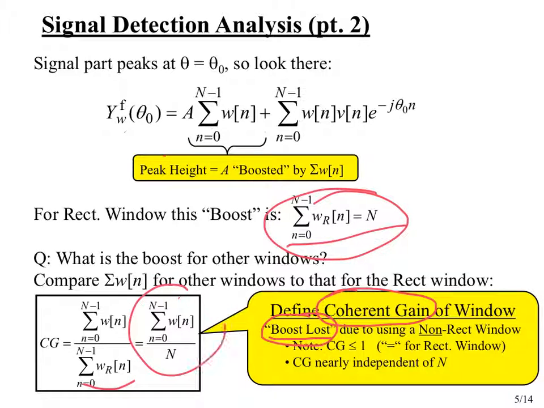So maybe the coherent gain is not 1 but 0.9. So we'd be getting 90% of the boost that we could get if we used a rectangular window.